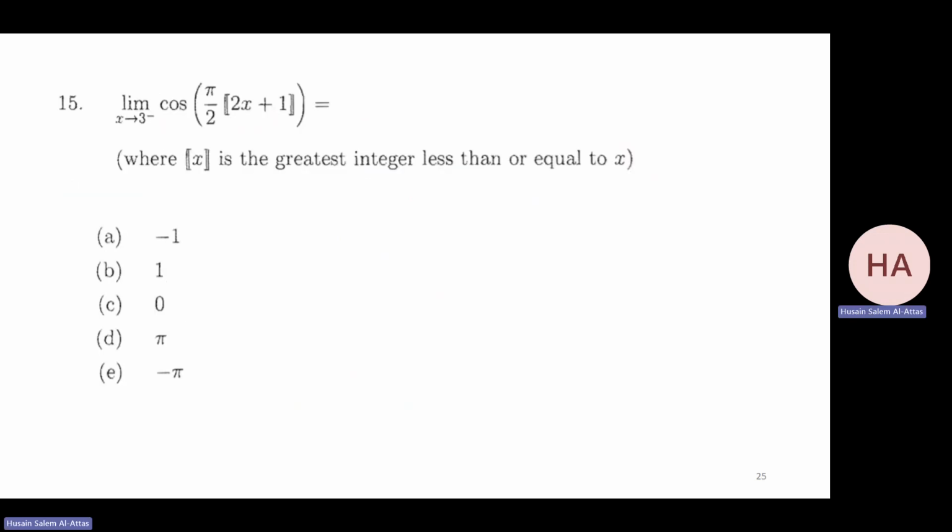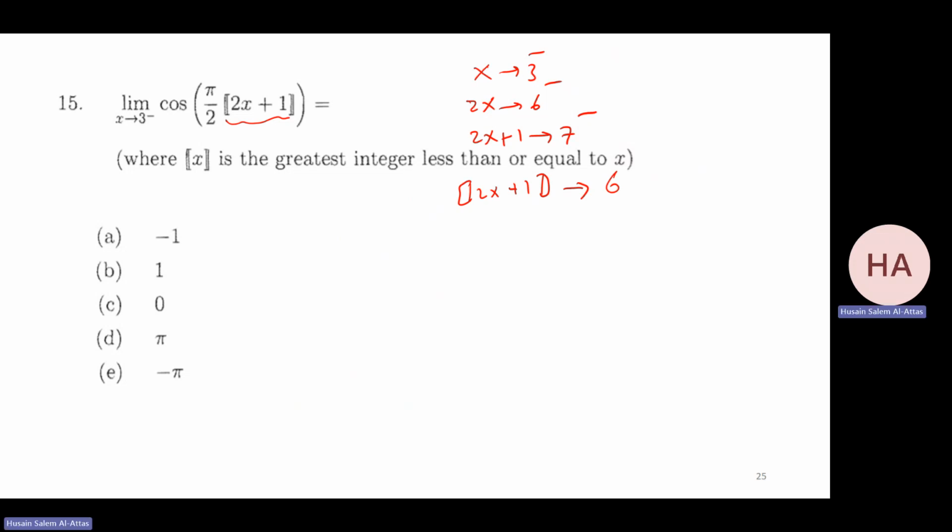This one has the greatest integer. We need to check. Okay, check first the greatest integer. As x goes to 3 from left, 2x goes to 6 from left, 2x plus 1 goes to 7 from left. Greatest integer goes to what? So 6 point something. So this will be 6.